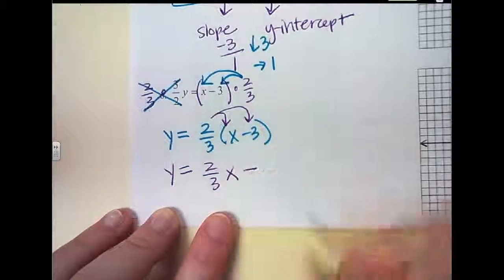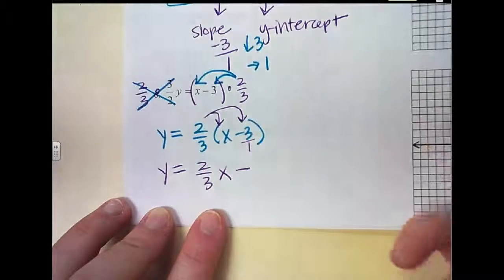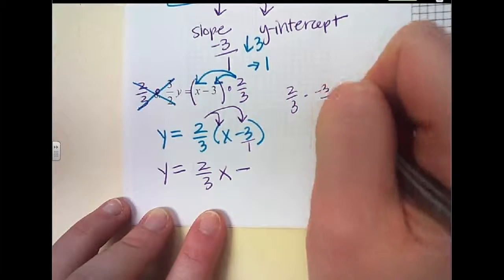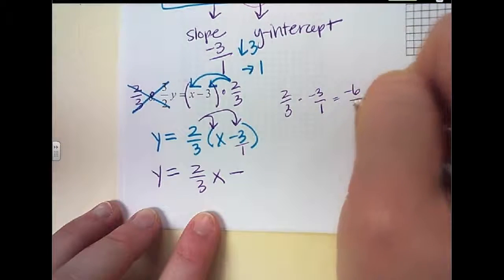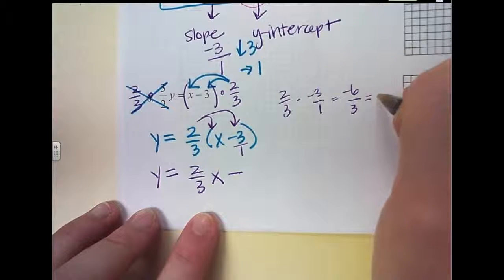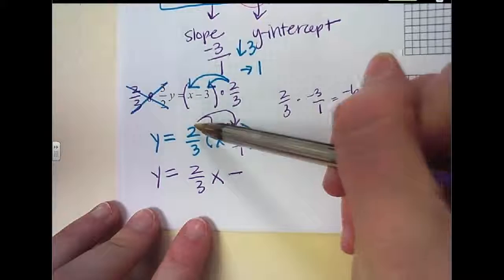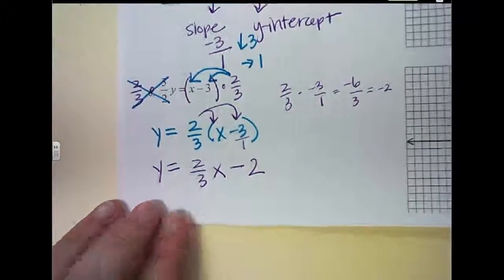I know it's going to be a negative. This is -3/1. So I have 2/3 times -3/1. Good. -6/3, which reduces to -2. Now, you'll have a calculator, so if you don't know how to do that, put that in your calculator, and -2 is what goes right here.